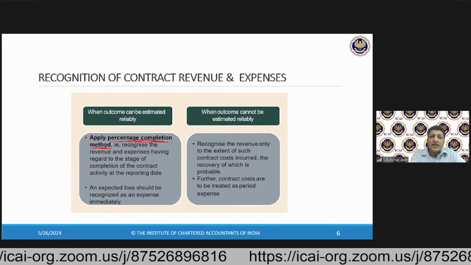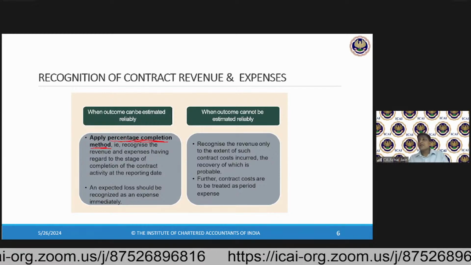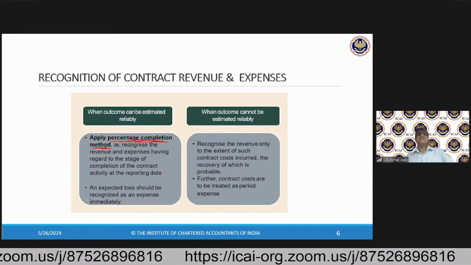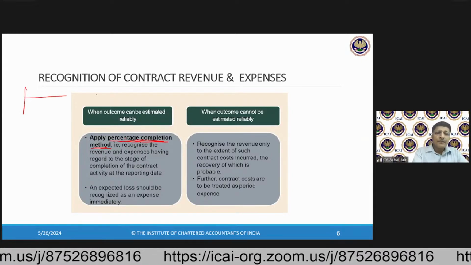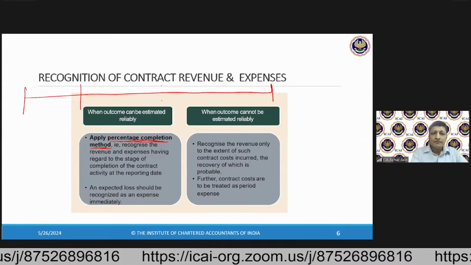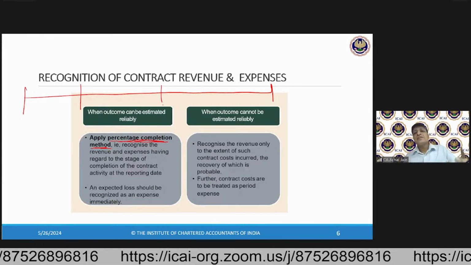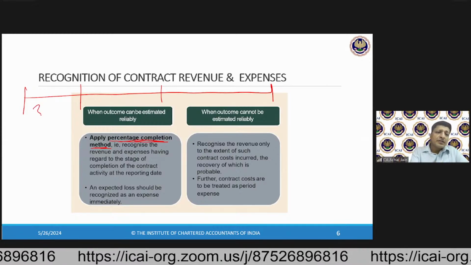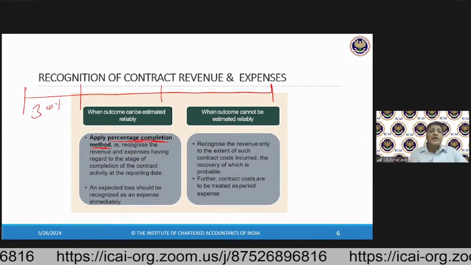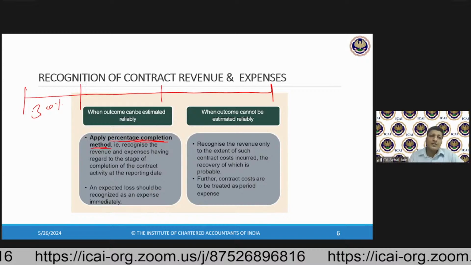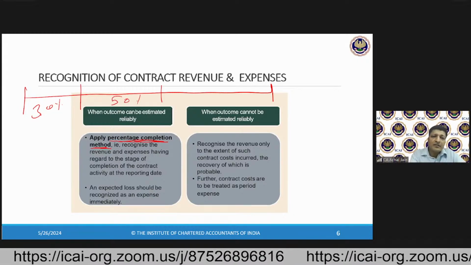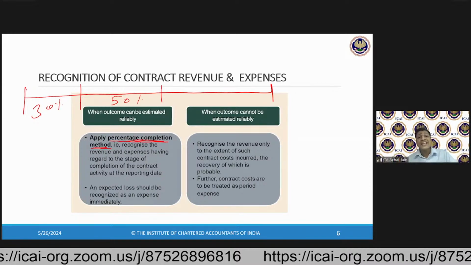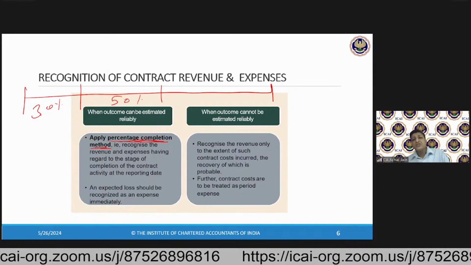Means every year the company will check. Let's suppose the contract is for 3 years. So every year the company will check what is the percentage of work which has been completed. Let's suppose it is 30%, so 30% revenue will be recognized. Let's suppose in the second year it is 50%, so 50% revenue will be recognized. So this is what you call the percentage completion method.